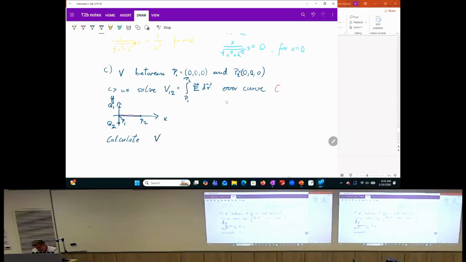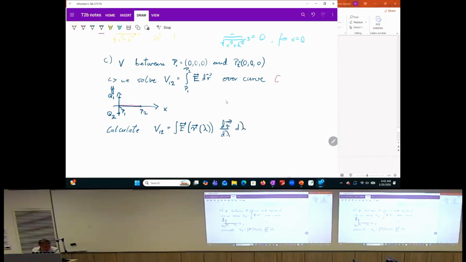So anyway, we nevertheless take parameterization into consideration. We have calculated V12, which is the electric field, and we use a parameterization of the electric field and the parameterization of the path. And the line element will come from the derivative of the general path with respect to the line parameter that we define.